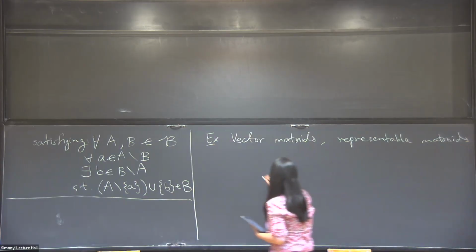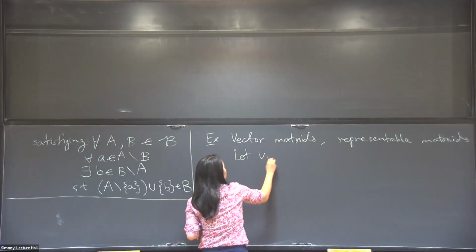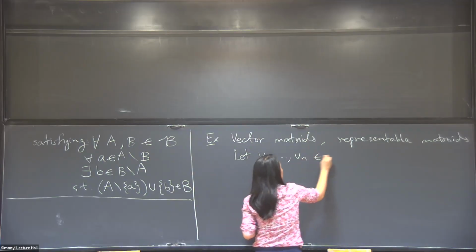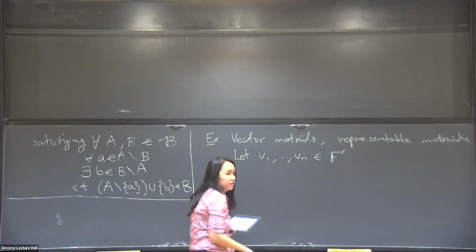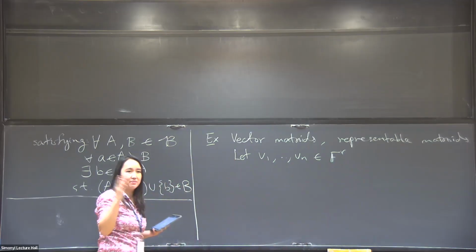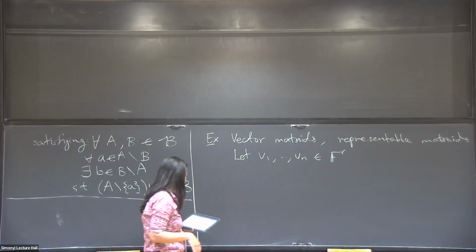If you let v1 through vn be vectors in some vector space over some field, let's say these vectors span F^r, but it doesn't matter, you can always restrict yourself to a smaller subspace.